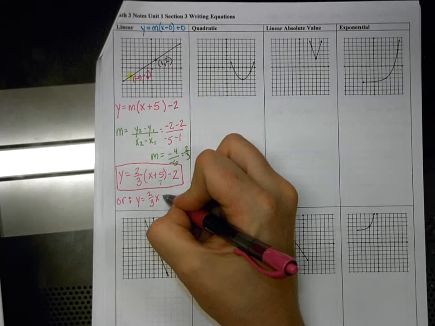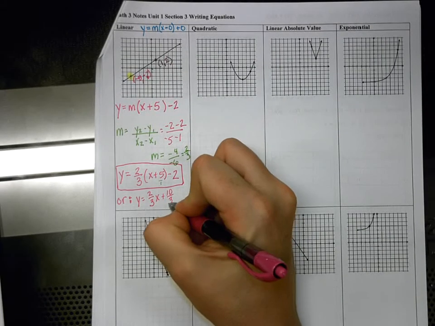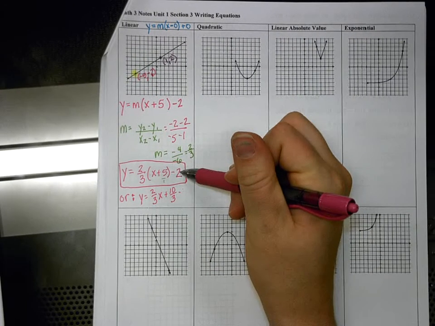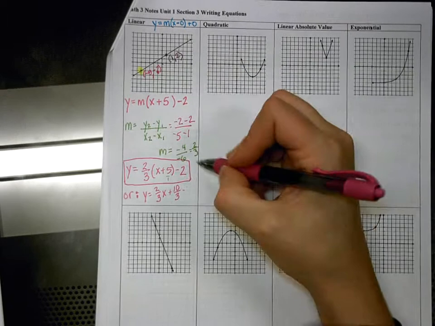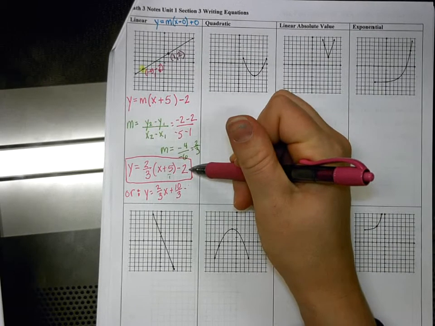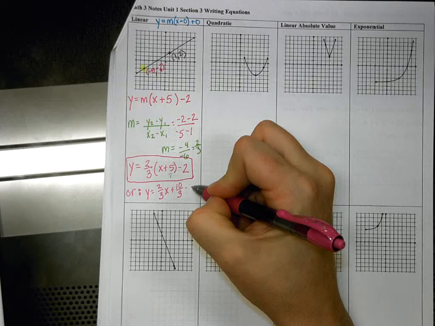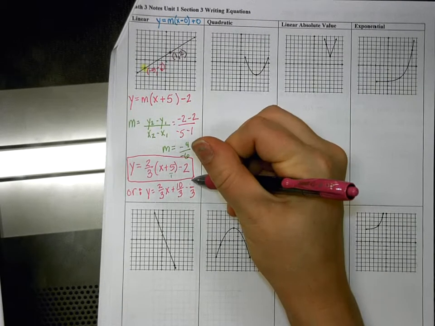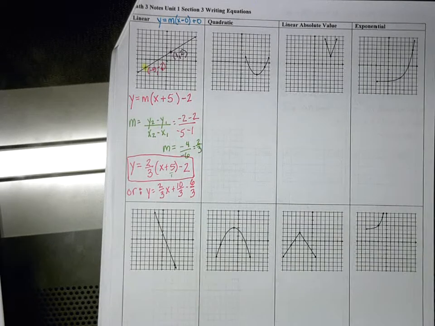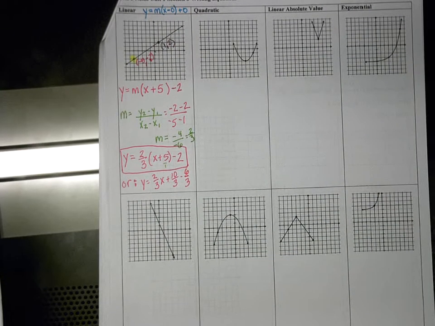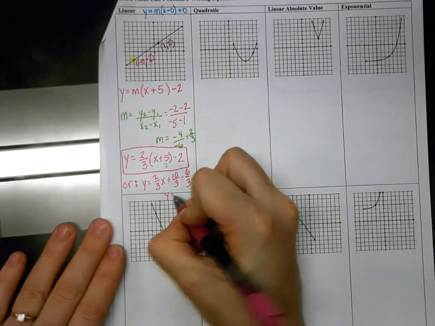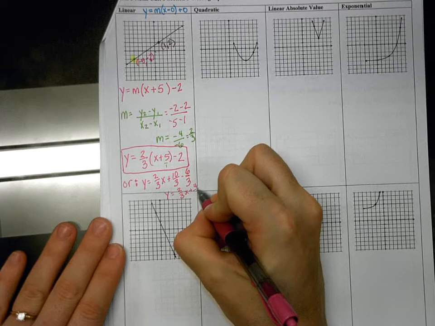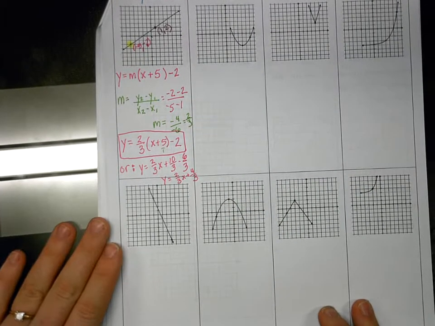So I would get 10 over 3. And you would want to do 10 over 3 minus 2. So how can I write 2 as an equivalent fraction with a denominator of 3? The denominator's 3. I want this to equal 2. 6. Good. 6 divided by 3 is 2. So then I could condense those and get y equals 2/3 x plus 4/3, because 10 minus 6 is 4.